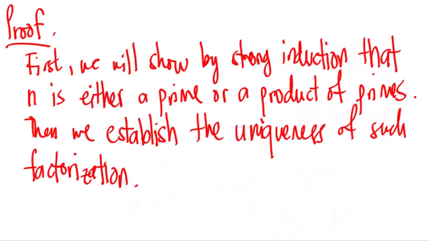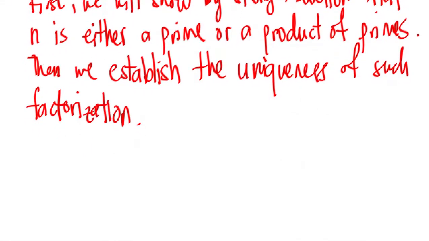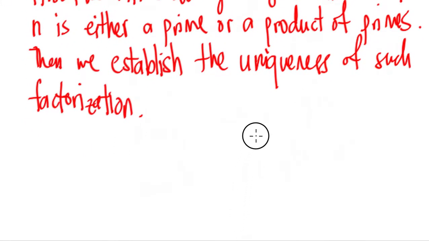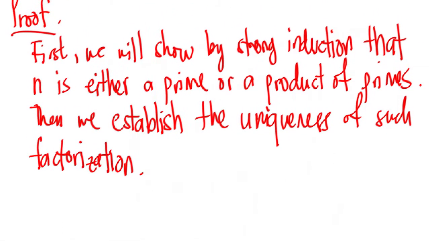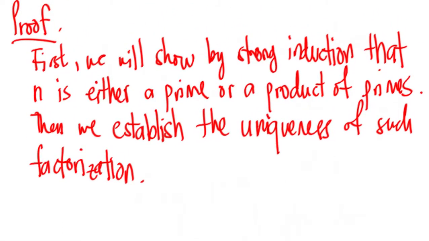Let's call the first part 1, and let's call this 2, to establish that there's a uniqueness of such factorization. So let's have number 1 first.